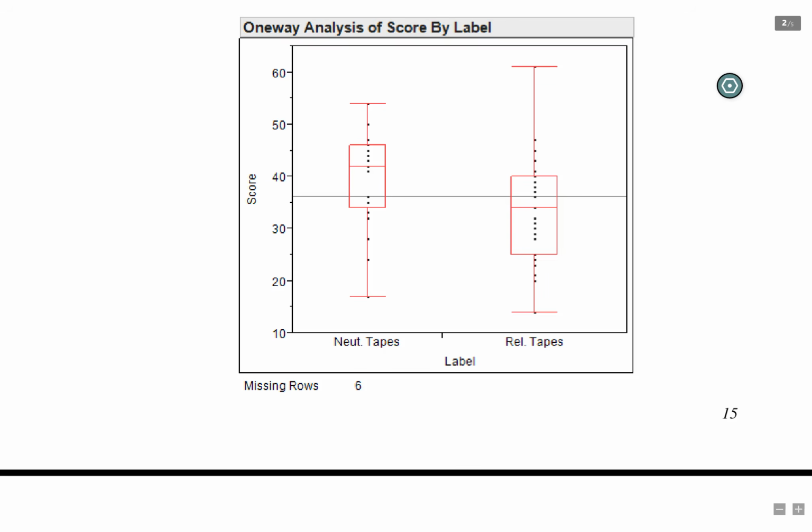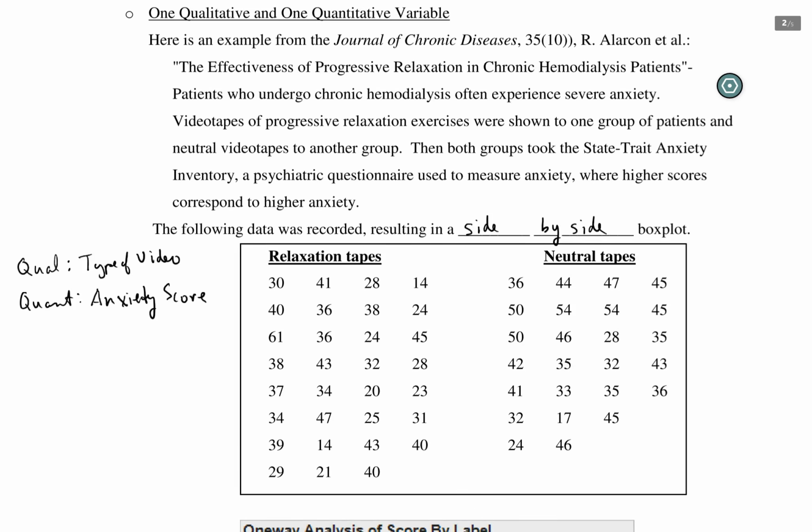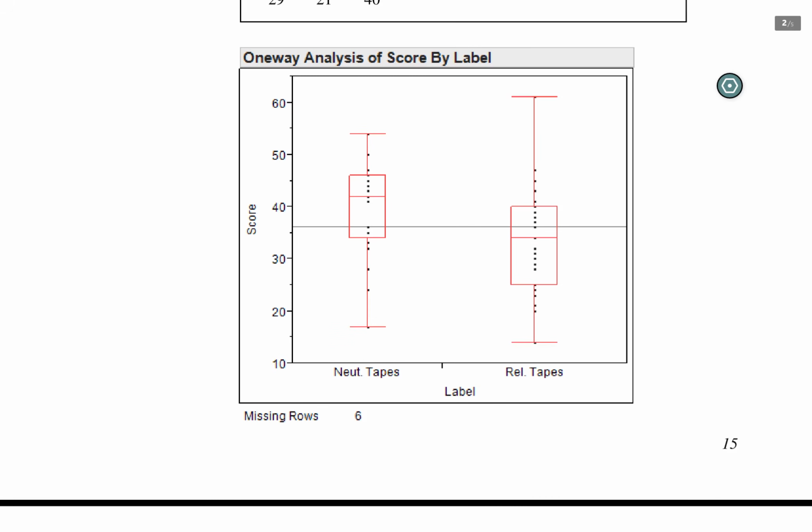Now later on we'll actually talk about formally comparing the data sets in a statistical inference setting, but I wanted you to see the side-by-side box plot as a way to compare two different data sets, in this case with one qualitative variable and one quantitative variable.